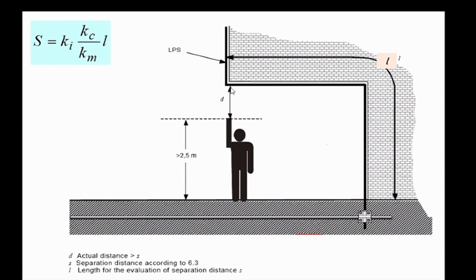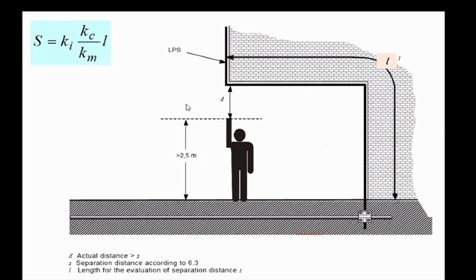Then you will get a certain distance D. This down conductor with the double bends is allowed only if the calculation by this equation gives you a value less than the simple D value. And L is the distance from the first bend to the ground level, which we call simple L.